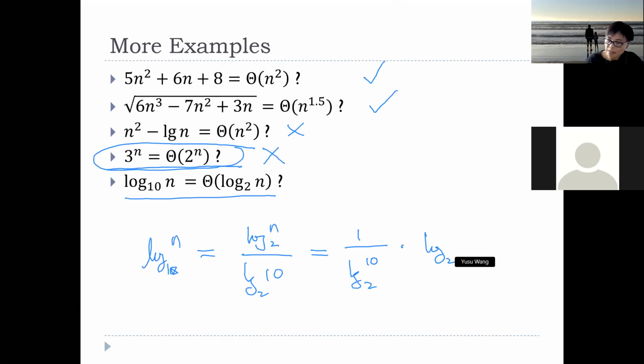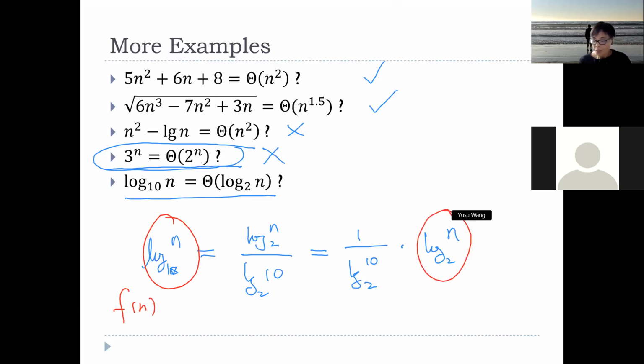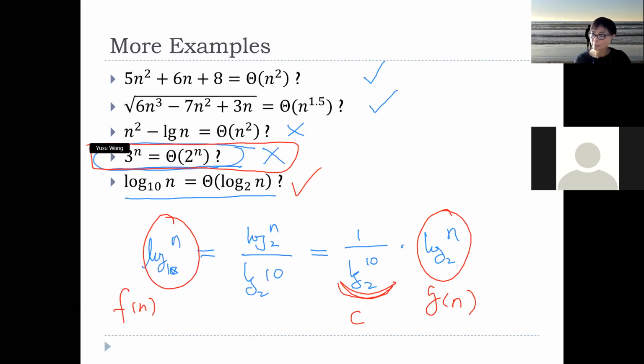Remember this is f of n and this is g of n, which means that f and g of n only differ by a constant factor, which means that clearly they're of the same order. So this is correct. This one I'll leave for yourself to do offline.